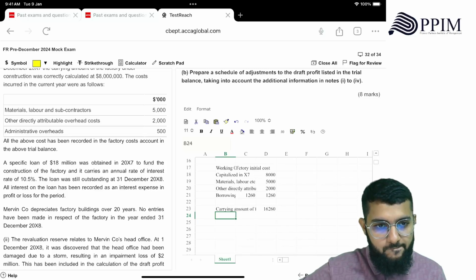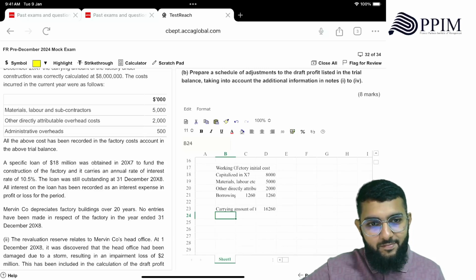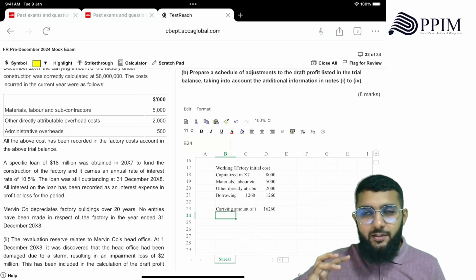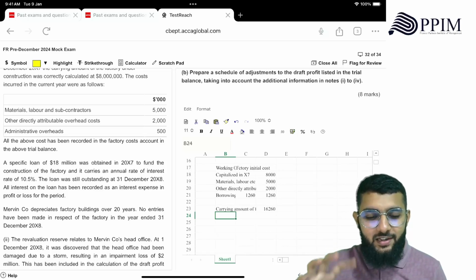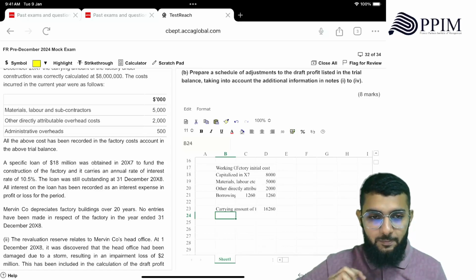So for this reason, the capitalization was wrong. But then last year's retained earnings balance, I added last year's interest to that. Why did you do that? Because I presumed it was expense and it should not be expense. When it comes to FR exams, look at the information that is evident, that you see.